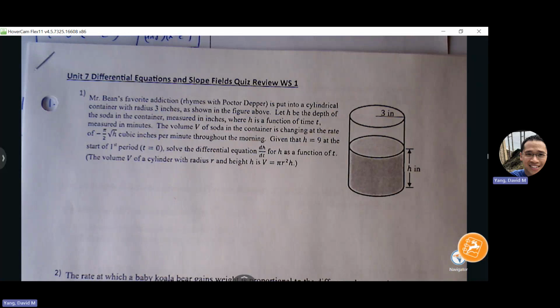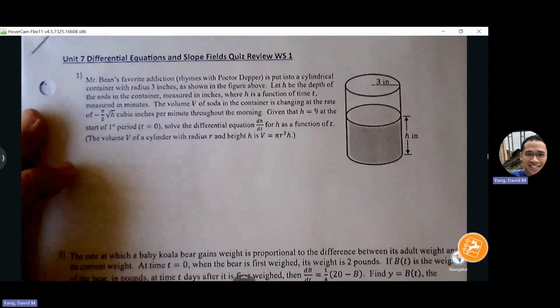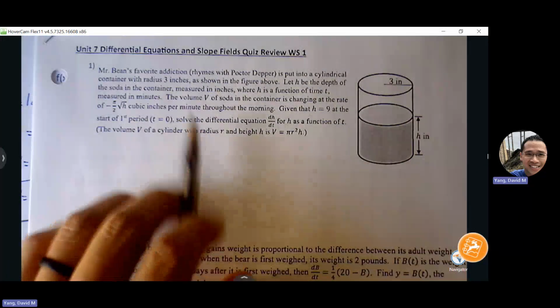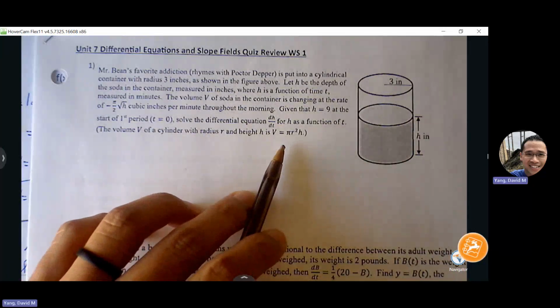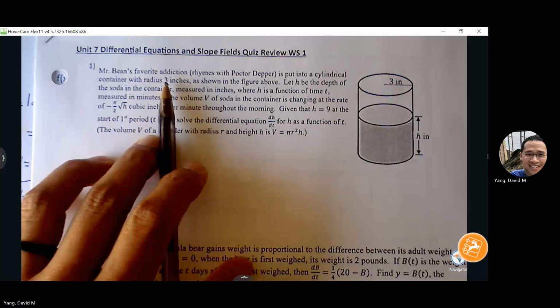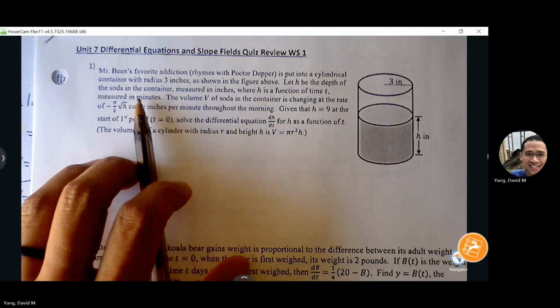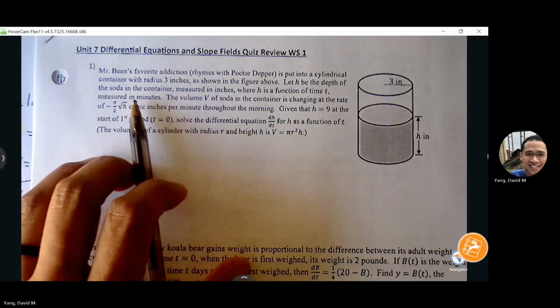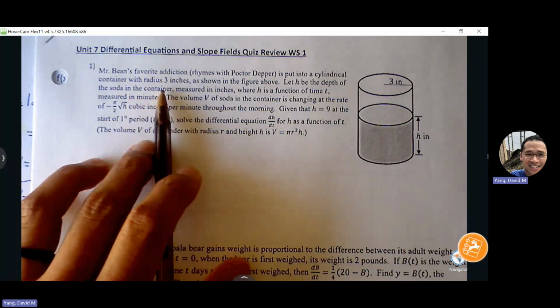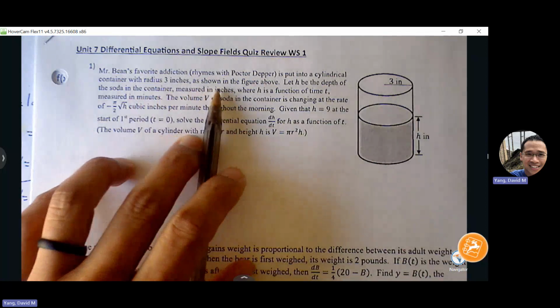Okay, so there's a little bit of related rates here to begin the problem, but it's not much, just to get the derivative equation going. Okay, so Mr. Bean's favorite drink is put into a cylindrical container with a radius of 3 inches.